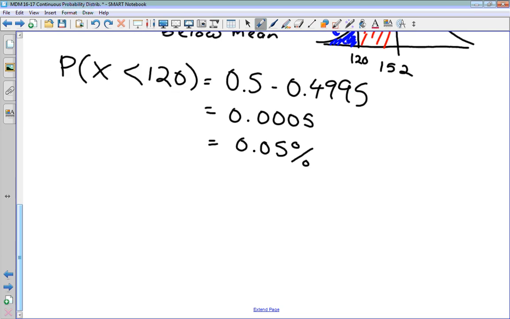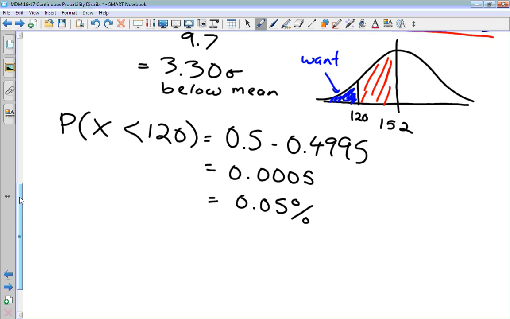So there's only a 0.05% chance that when we take a sample of 400 accidents, we would get 120 of them, or fewer, within 5 kilometers of the person's home.